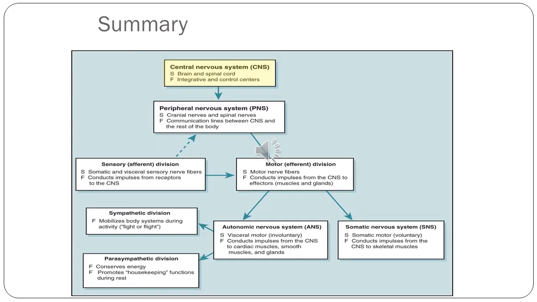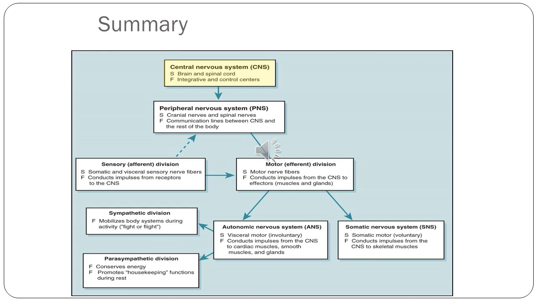This slide shows you an overall summary of all of the major elements and structures within the nervous system. Breaking everything down from the central nervous system, going down to the peripheral nervous system, and all the other divisions within that, discussing both the structures and the functions.